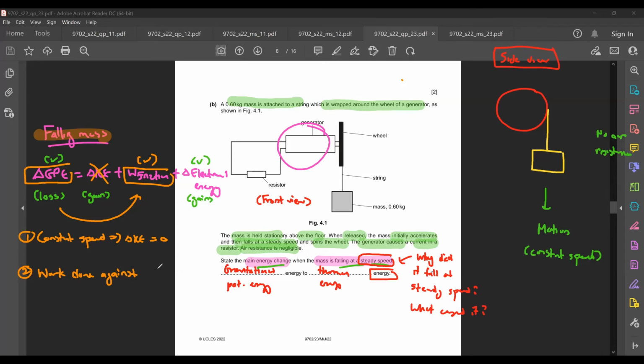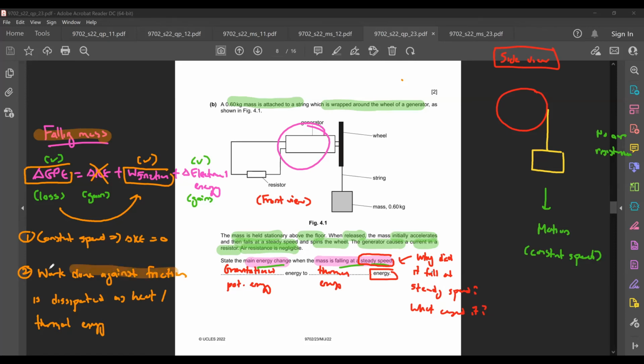Why do I say work done against friction is actually the same as thermal heat energy? Work done against friction is dissipated as heat or thermal energy. You can probably understand work done against friction as this now.